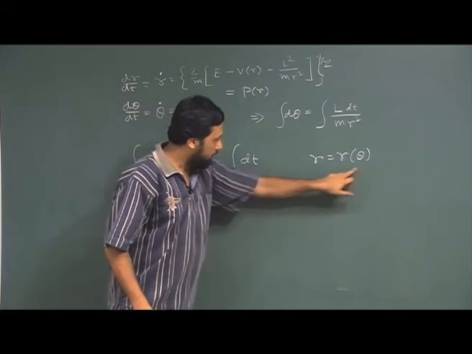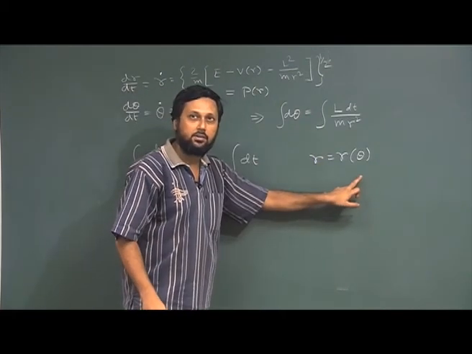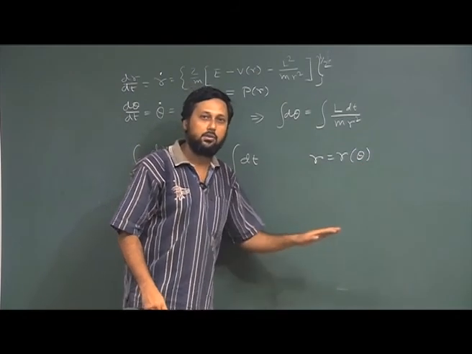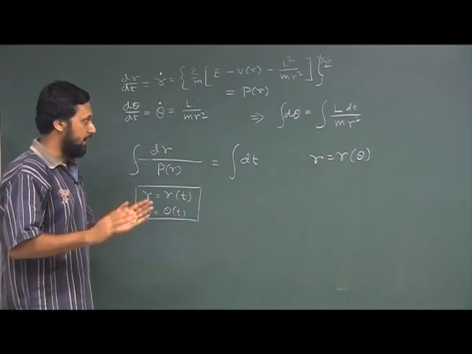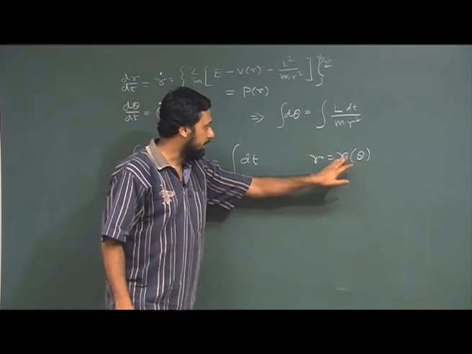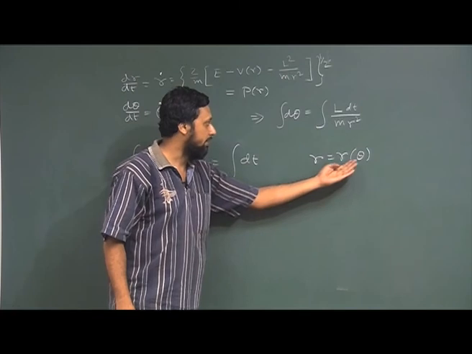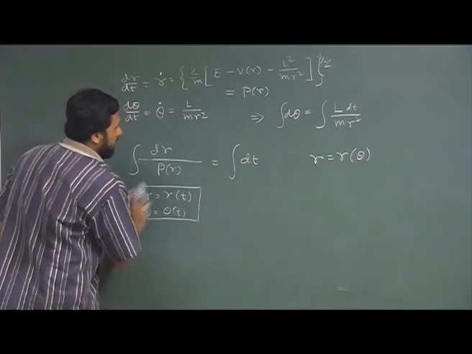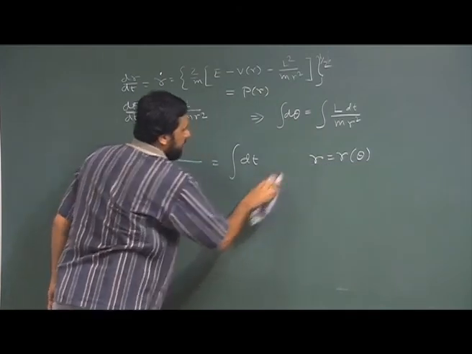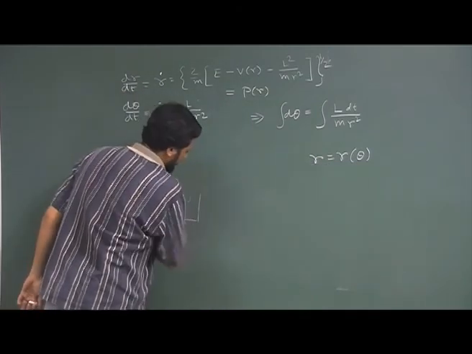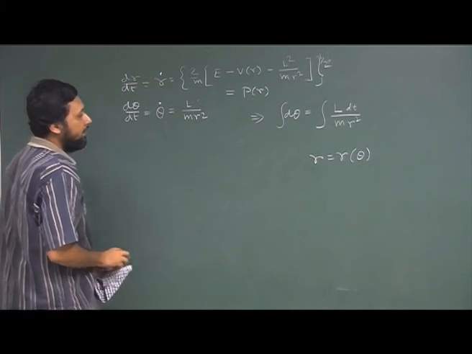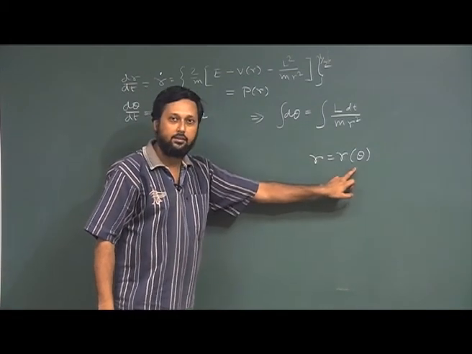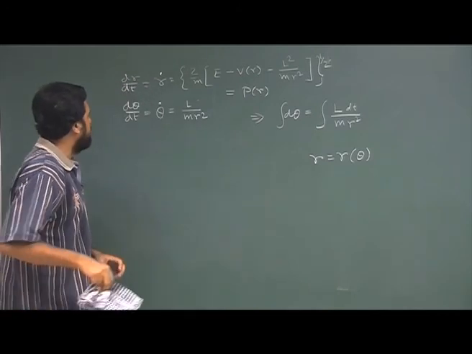It will also give you the orbit, but it does not include time explicitly, so it gives the orbit as a functional form of r as a function of theta. In order to get this solution, we need a differential equation which includes only r and theta, and there is no t dependence. How can we do that?